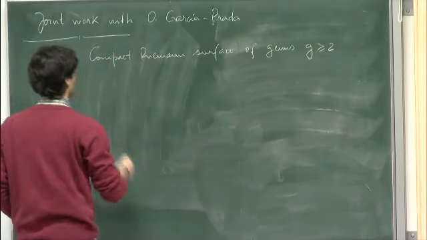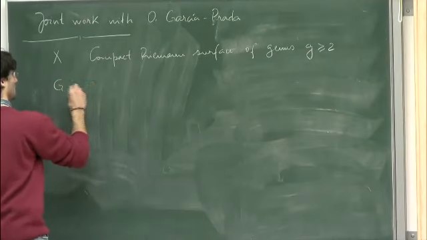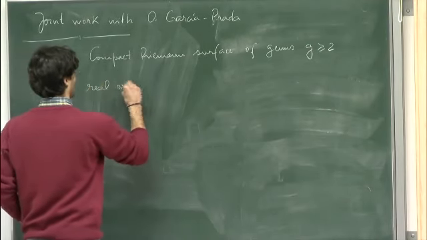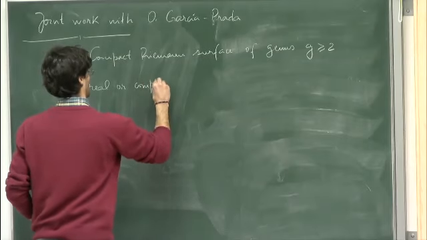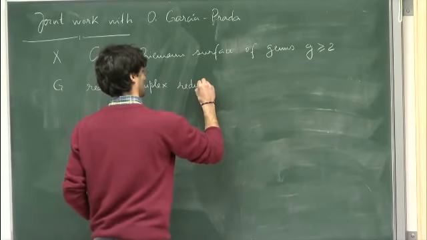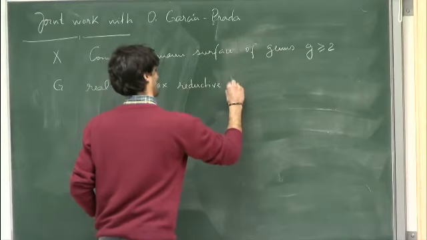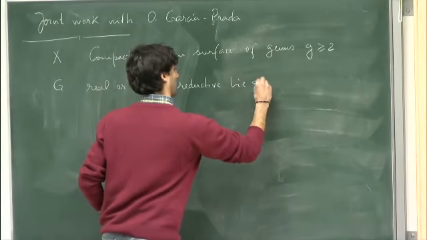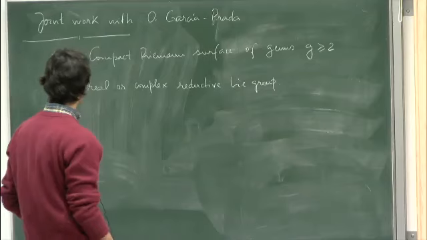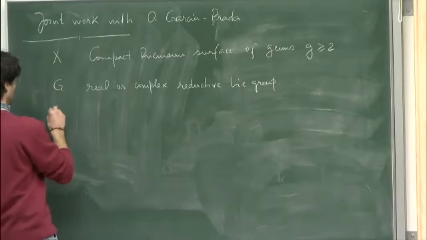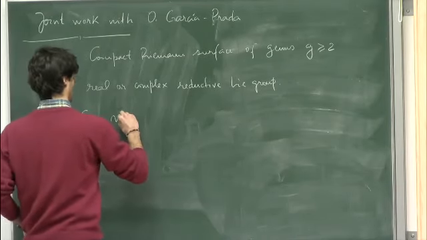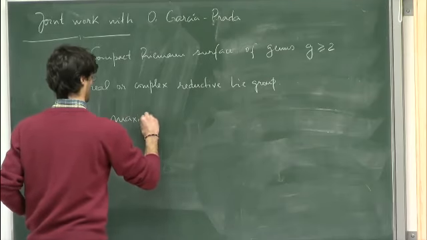Take G to be a real or complex reductive group. And so let's choose a maximal compact. H is a maximal compact subgroup.